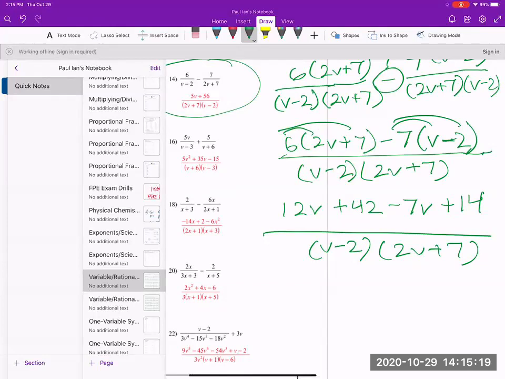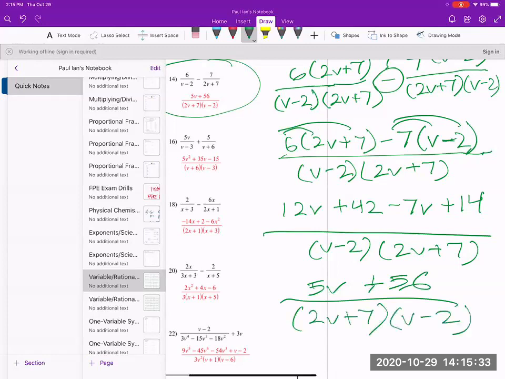Combine like terms on the numerator. Okay, good. 12v minus 7v is 5v. I think we're pretty much done after this one. 56. And then I think they did this first. And then v minus 2. That's it. That's your simplified form.